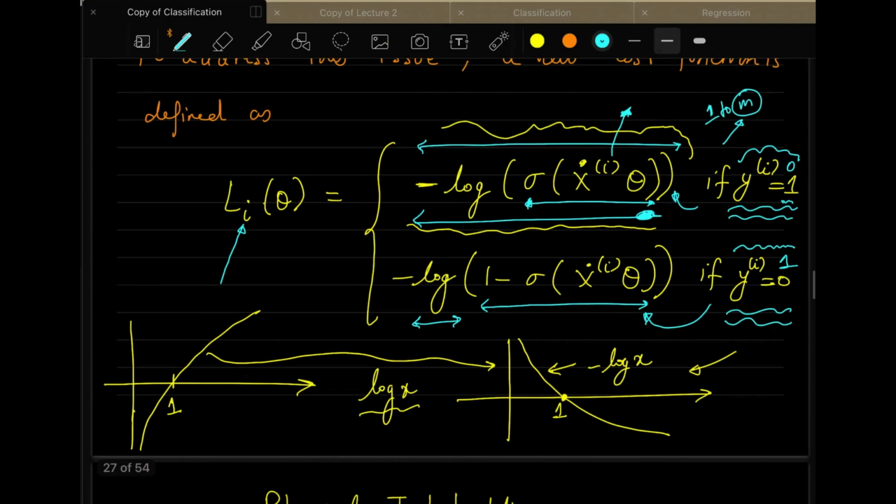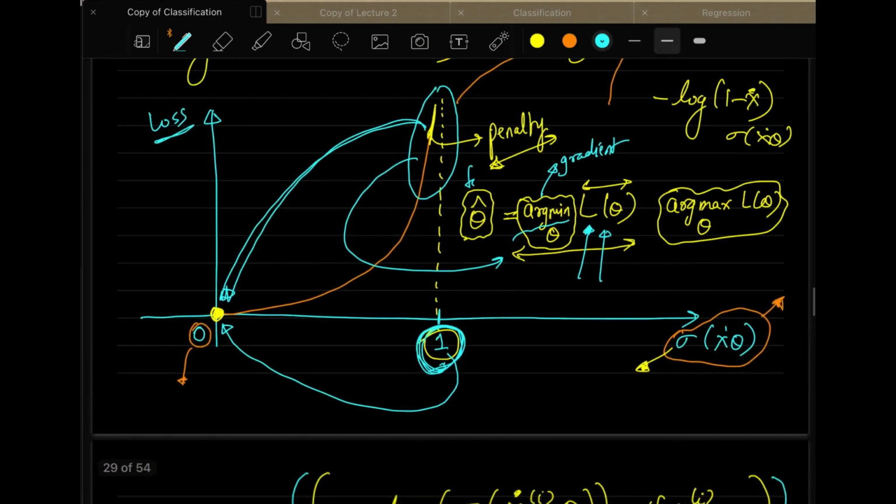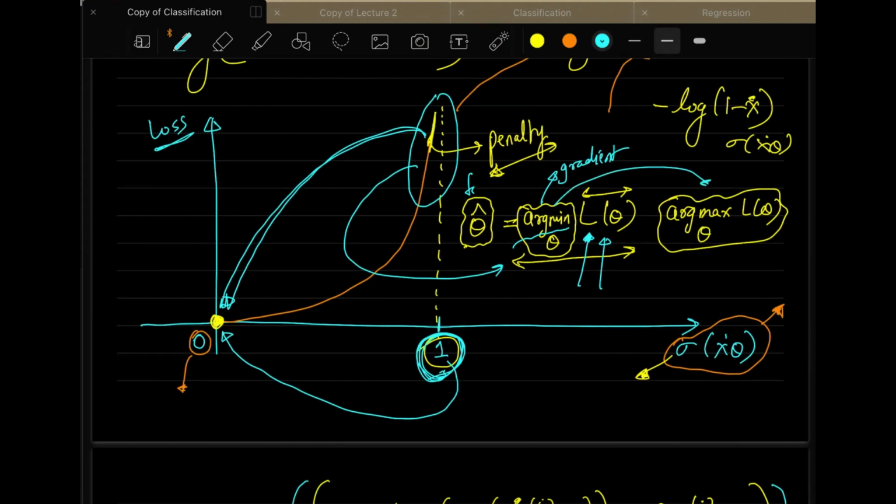However, these two problems, argmin and argmax, are actually dual of each other. If you put a minus sign in front of it, it becomes argmax.